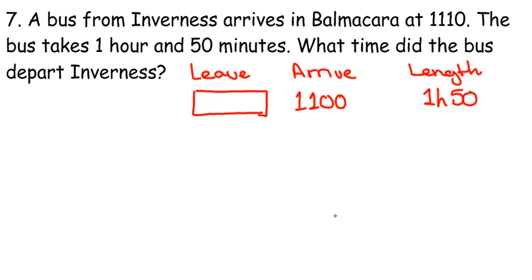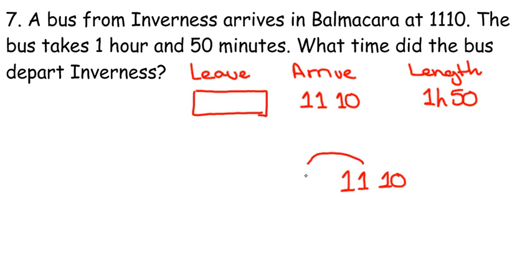So we're going to do our little timeline, but we're going to do it backwards. So we're going to start at 11:10. I've just made a little mistake up here. Okay, so I want to come backwards.